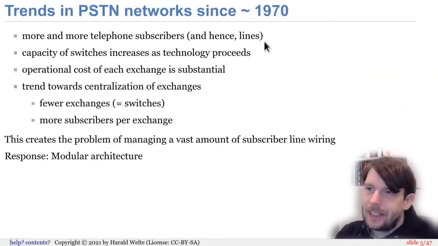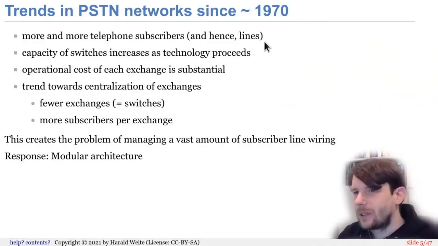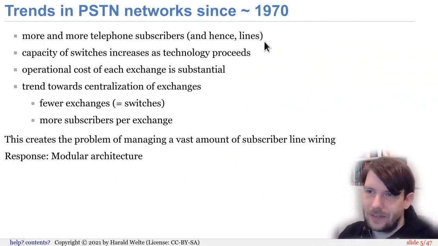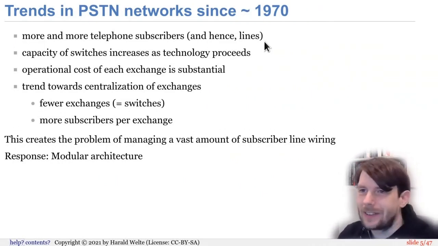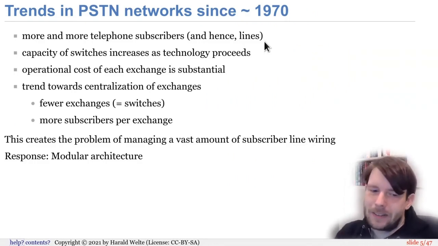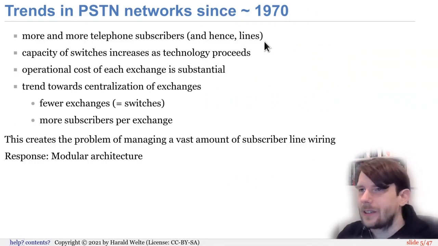In PSTN networks, since about the 1970s, we had the problem that more and more telephone subscribers are added to the telephone systems. I mean, that has been a general trend ever since the invention of telephony, the growth of the subscriber base. At the same time, the capacity of the switches themselves increases a lot as the technology proceeds.